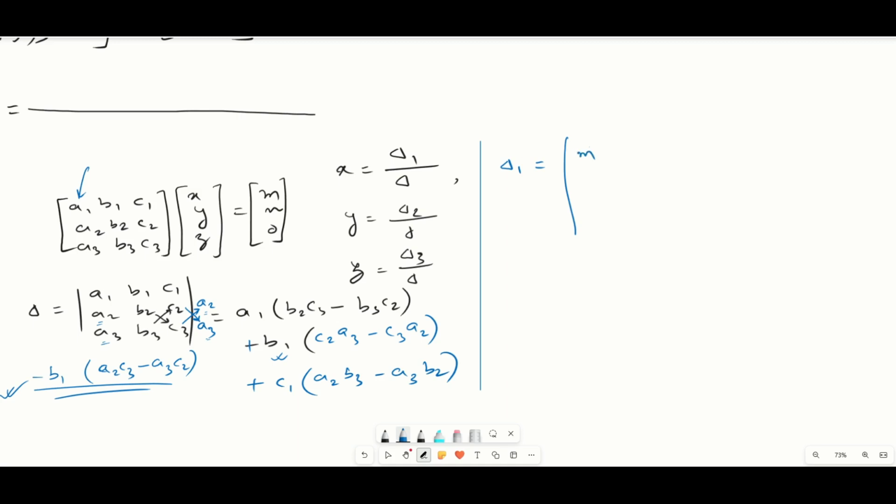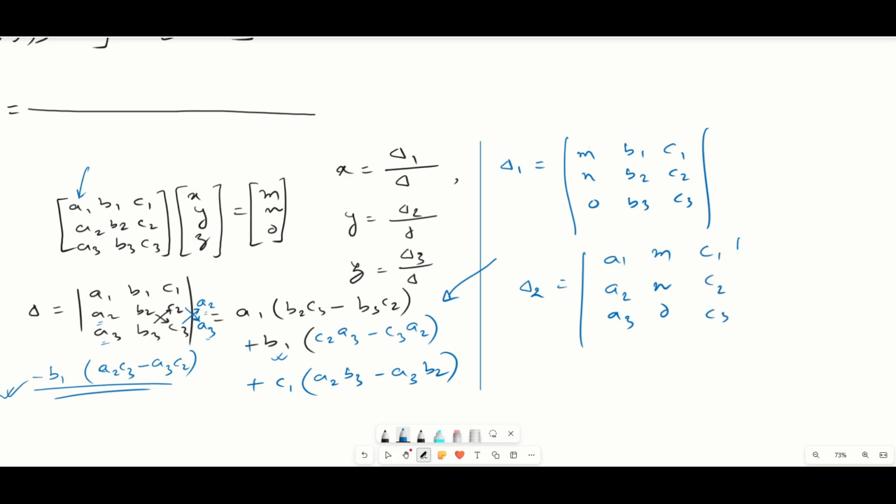That means the right hand side variables we put here, and the remaining stay the same, b1, b2, b3, c1, c2, c3, and the process is the same. Then delta 2: now we change the second column, that means a1, a2, a3, then m and o, then c1, c2, c3.